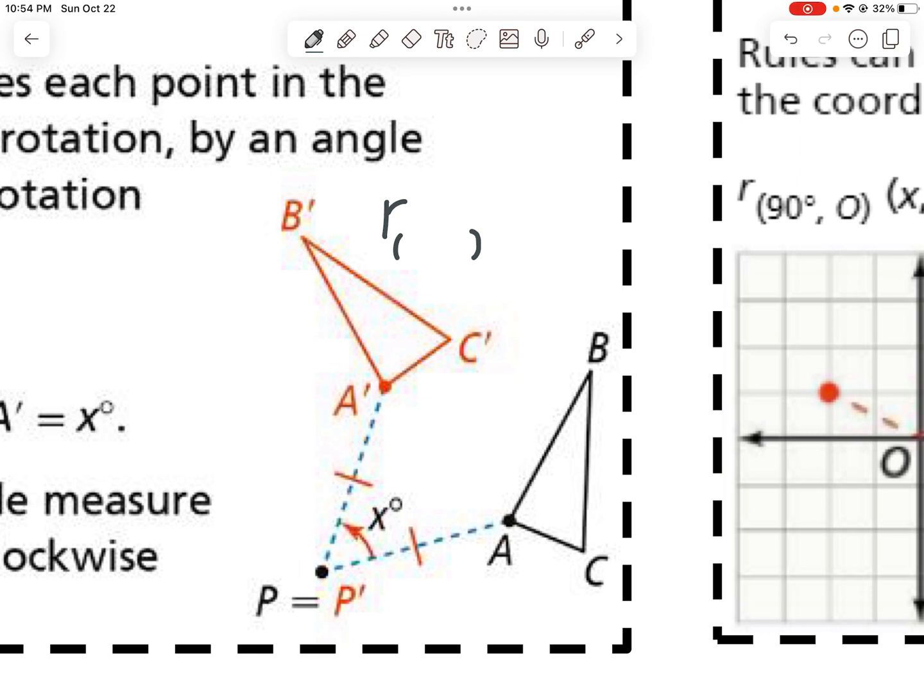What we're going to do is put the degree of the rotation, in this case x degrees. Then we put the center of the rotation. And as usual, we put the input, A, B, C, and then the output equals A prime, B prime, C prime. We could put a triangle in front of it if we wish, but it's not necessary.